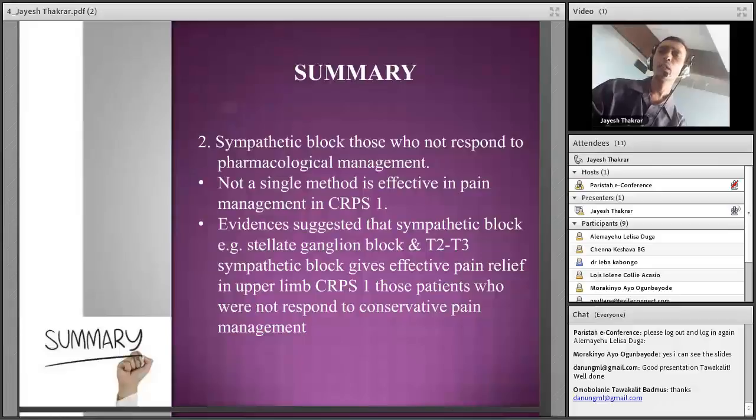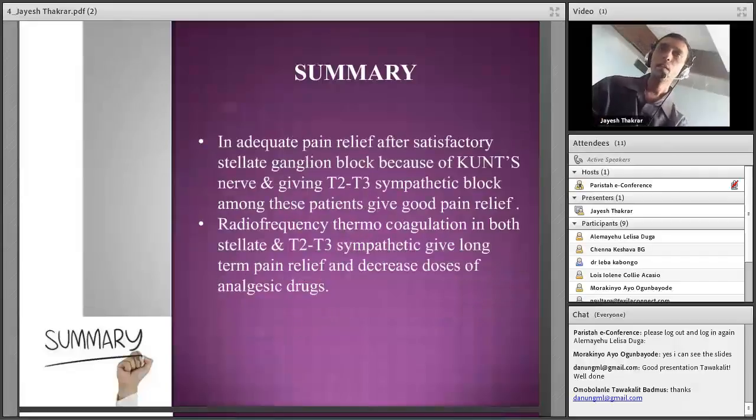In the upper limb, the sympathetic innervation is taken by two blocks. One is the stellate ganglion block, situated at the C7 level, and the other is at the T2-T3 level. After a satisfactory stellate ganglion block, sometimes the patient does not respond, but gets good relief from the T2-T3 sympathetic block because of Kuntz anomalies.